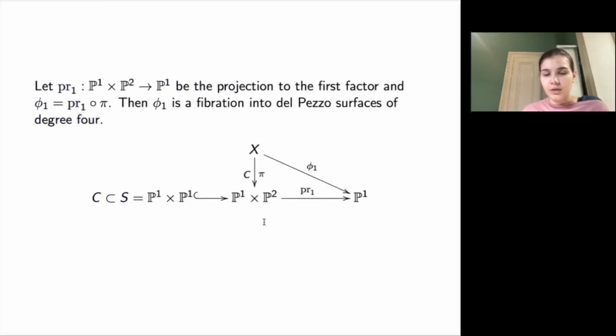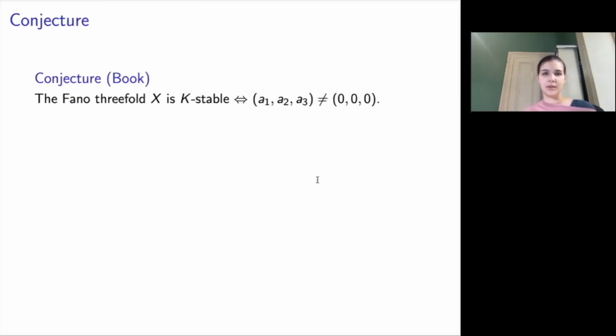Because here we have planes, and the initial curve C was a 5-1 curve. So on each plane we will blow up exactly 5 points. So at the end, this gives us a fibration into del Pezzo surfaces of degree 4, since on each plane we blew up exactly 5 points.